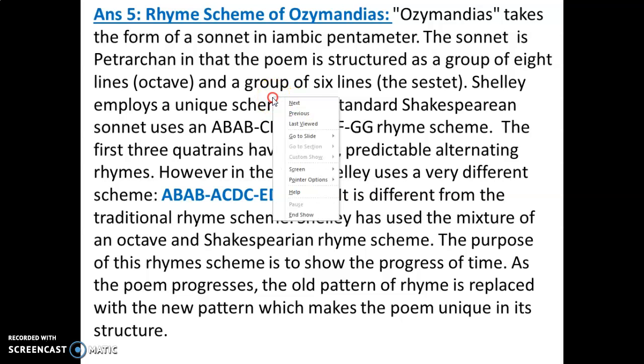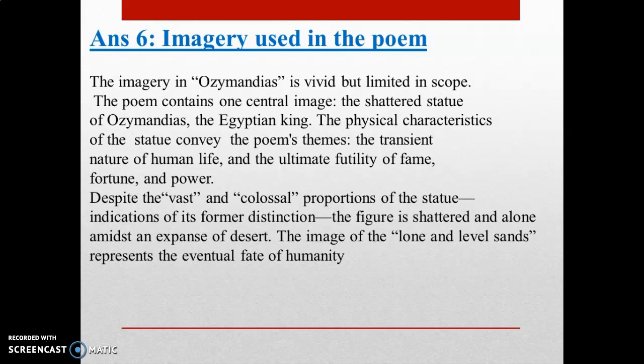And the next question, imagery used in the poem. The imagery in Ozymandias is vivid but limited in scope. There is one central image, the shattered statue of Ozymandias, the Egyptian king. The physical characteristics of the statue convey the poem's themes, the transient nature of human life and the ultimate futility of fame, fortune, and power.